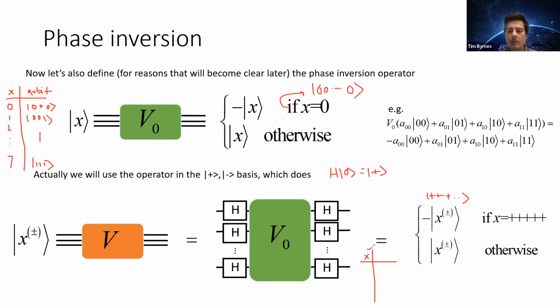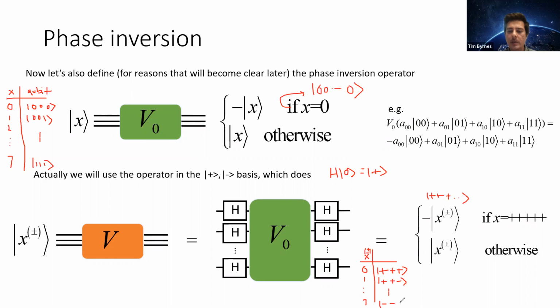So here's x in the plus minus basis. When I say 0, 1 to 7, what I mean in terms of the states here is that the first one will be the state plus plus plus. The second one will be the state plus plus minus, and then dot dot dot.